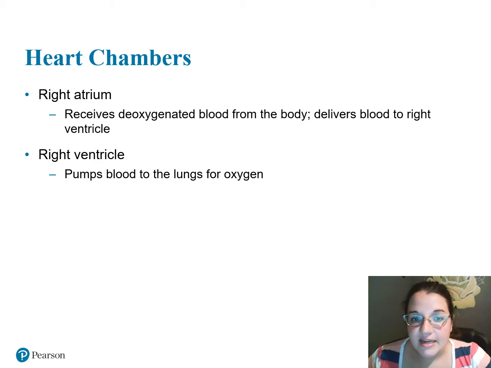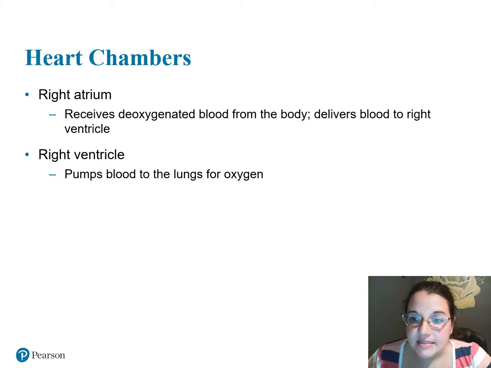So your right atrium is going to receive deoxygenated blood from the body. It's going to deliver blood to your right ventricle, whereas your right ventricle is then going to pump that blood to the lungs for oxygen, because the right atrium carries deoxygenated blood, and we need that blood to get to our lungs to get oxygen to deliver to our body.